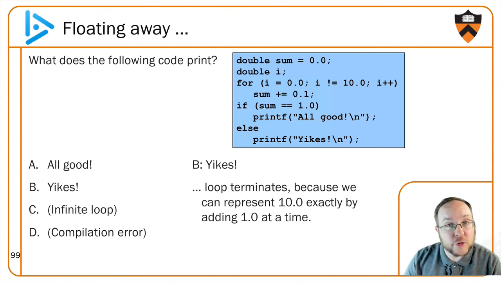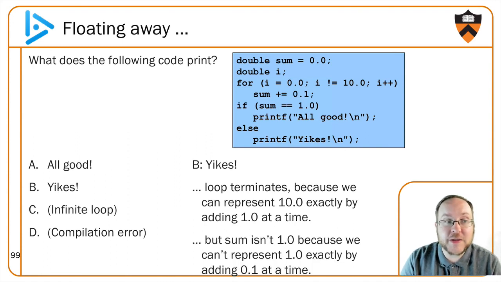As it ends up, the loop does terminate because we can represent 10.0 exactly by adding 1.0 at a time. But sum isn't 1.0 because we can't represent 1.0 exactly by adding 0.1 at a time. Again, these are details that you don't need to know the specifics of, but these are considerations that you should know about and be able to at least discuss in terms of what you need to consider.